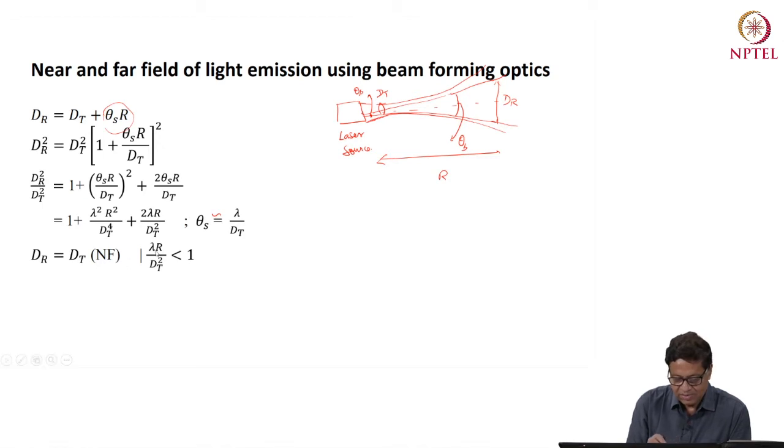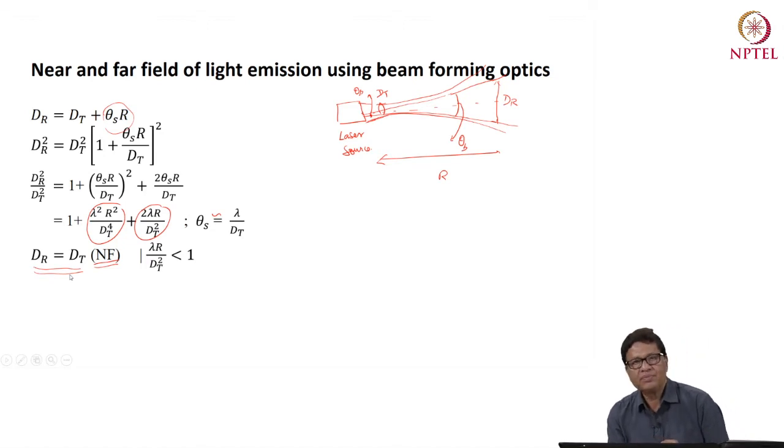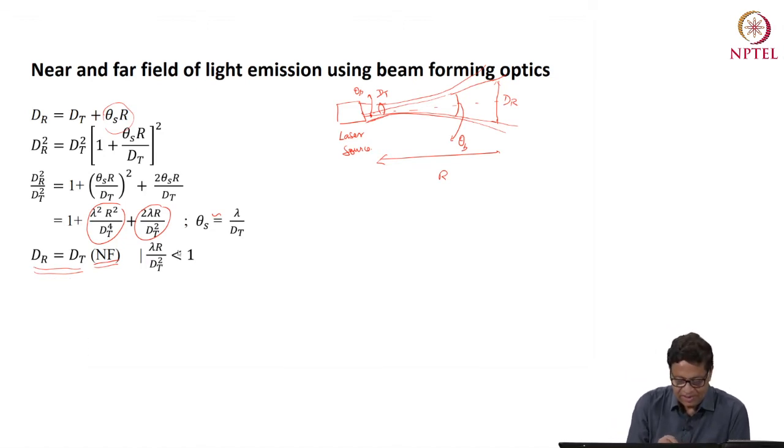Now, when your r is small, that is a near field, this quantity and this quantity are less than 1. Then dr square by dt square is equal to 1, then dr is equal to dt. So this is the near field equation here. So basically this quantity lambda r by dt square is less than 1, so you have dr is equal to dt. In the far field, you cannot neglect this term.